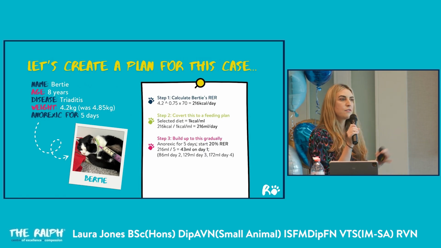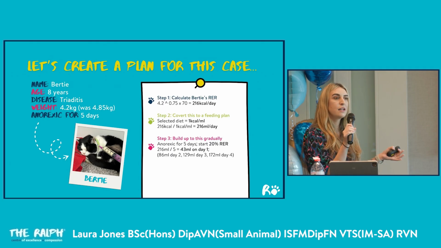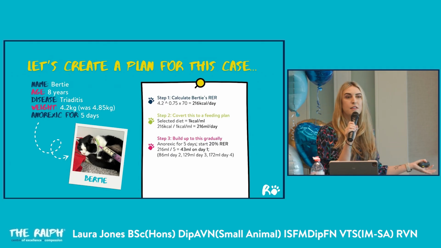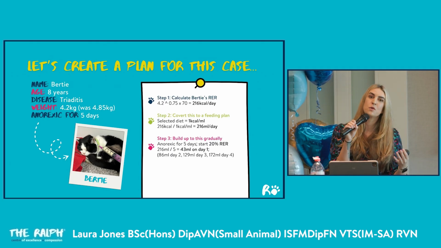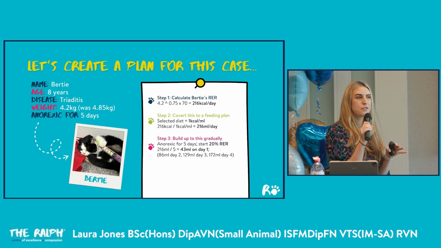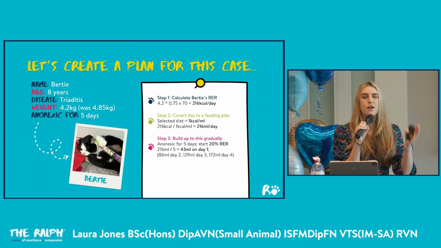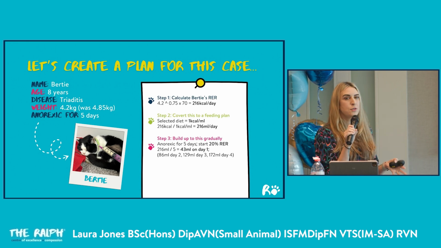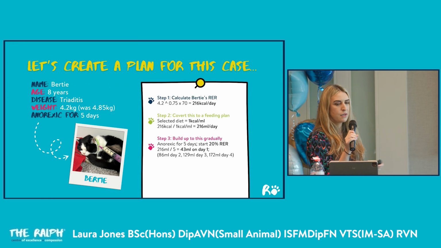So if they've been anorexic for 3 days, start at a third. If they've been anorexic for 5 days, start at a fifth. If they've been anorexic for 4 days, start at a quarter. And that way, you're kind of tailoring it to the individual patient rather than just sticking to a 1/3, 2/3, 3/3 rule, because that might not be suitable for all of our patients.